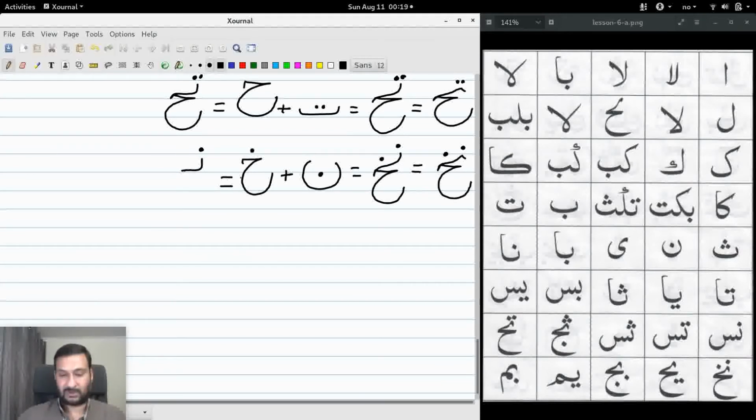When you join it with these constructs like jim, ha and kha, you will tilt it down a little so you can make the next letter, which is ha or kha or jim, and then you put the dot of kha somewhere here. It could be here as well, it doesn't matter, anywhere in this area one dot will represent kha. So this is noon kha, as written here, noon kha.